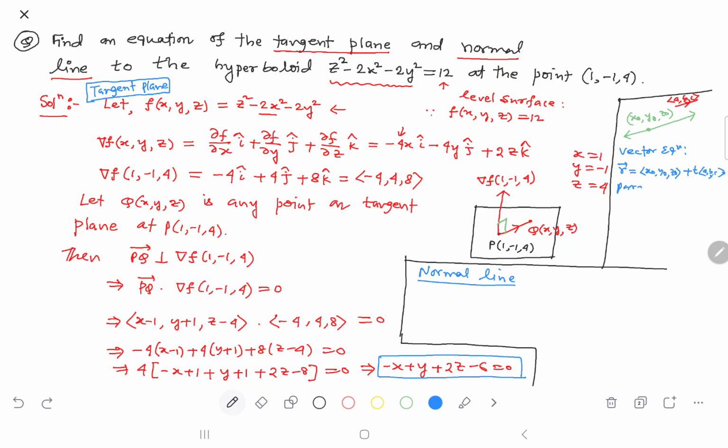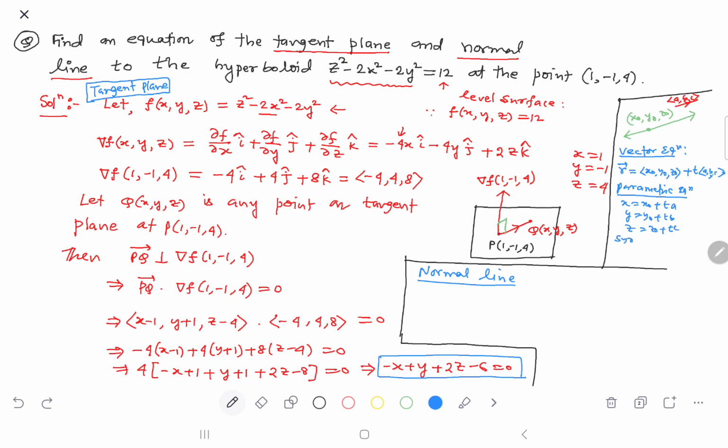The parametric equation is given by x equal to x0 plus ta, y equal to y0 plus tb, and z equal to z0 plus tc.